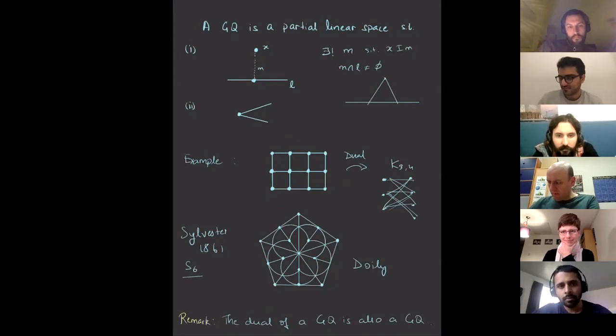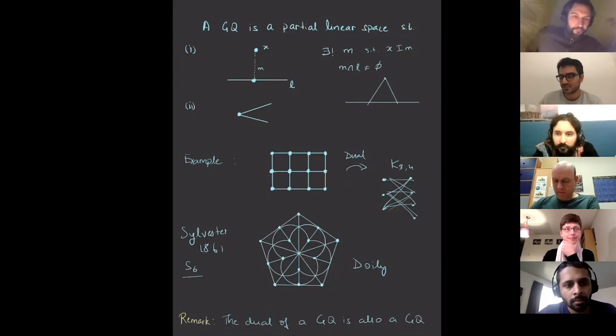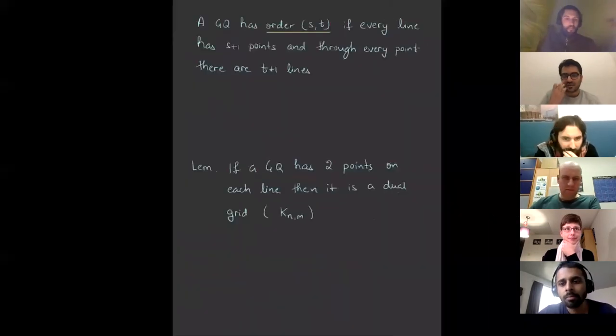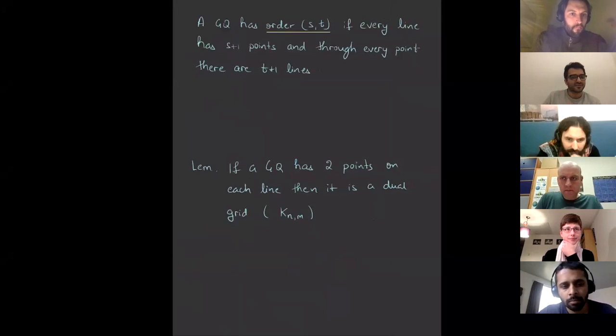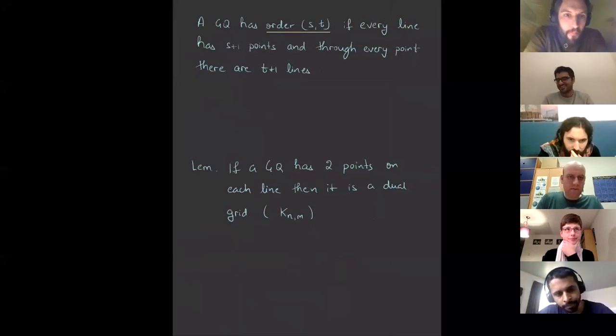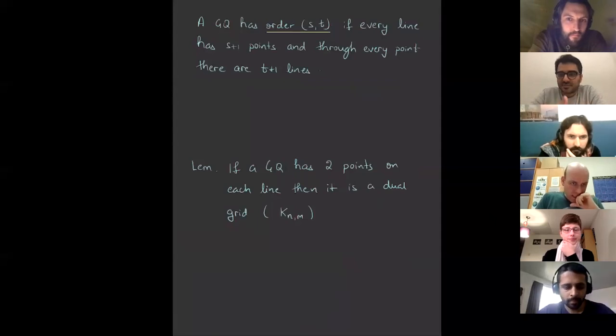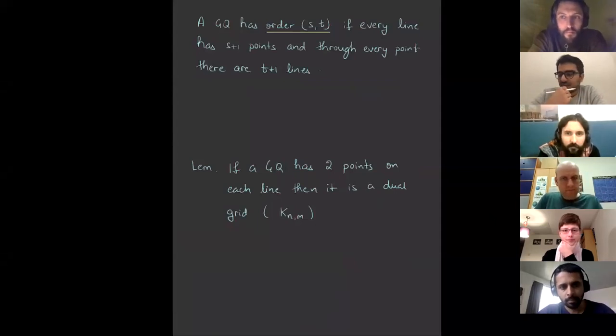Okay, so there are some non-degenerate examples. We will see an infinite family, a nice construction. Stan Payne in 1973. Yeah. Okay, before that, let's just try to prove again some structural properties of generalized quadrangles.